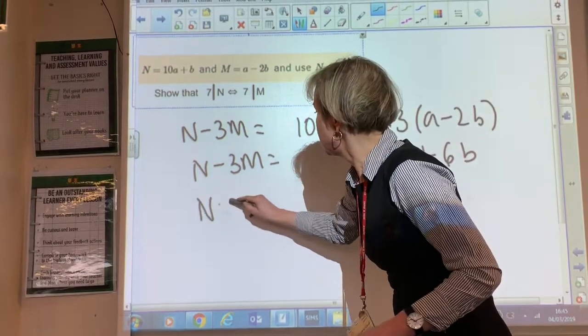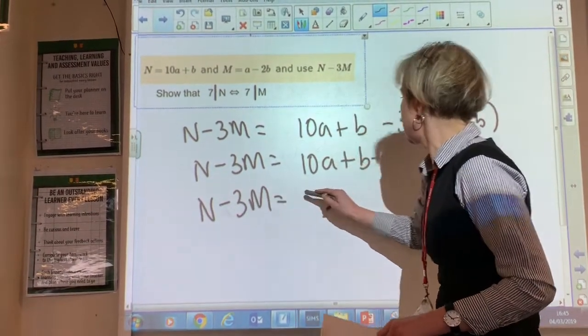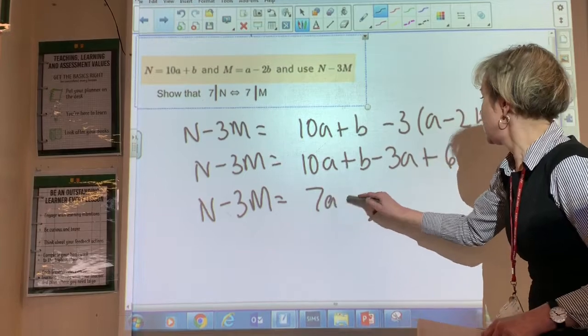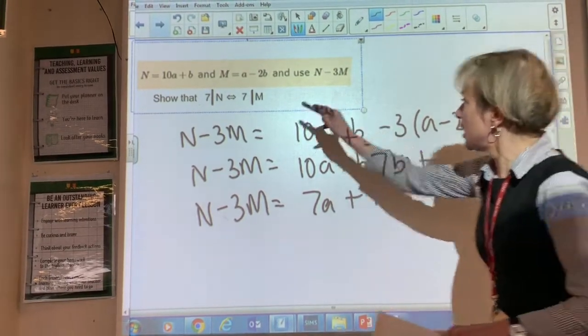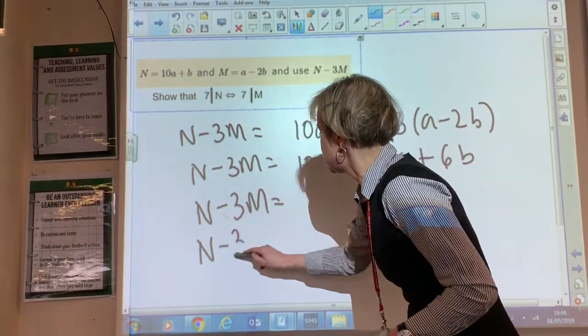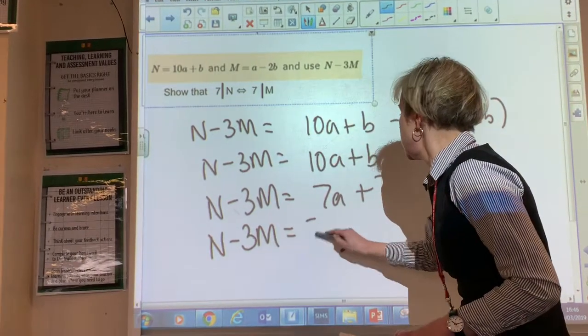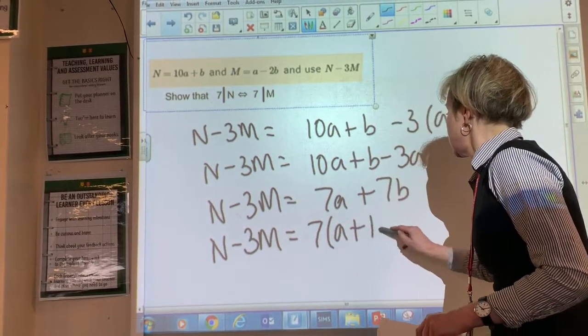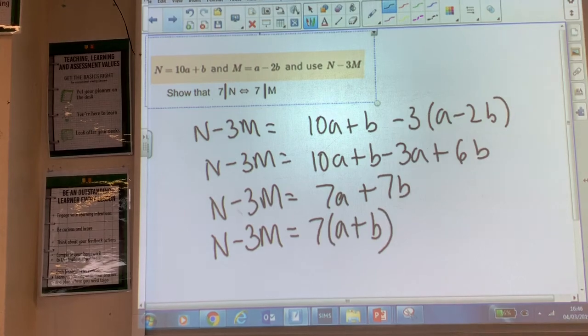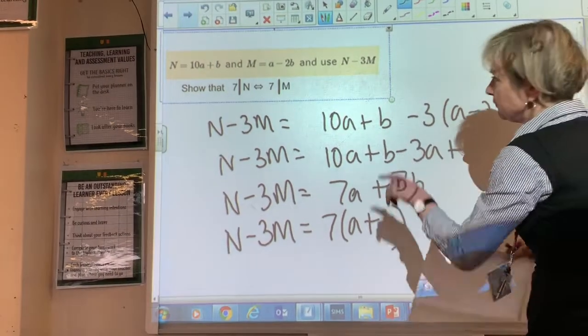So n minus 3m is 7a plus 7b. And we know we're looking at divisibility by 7, so we instantly write it like that. Now it's an if and only if.